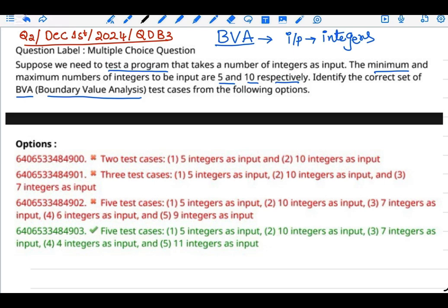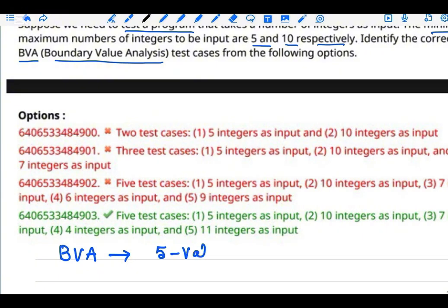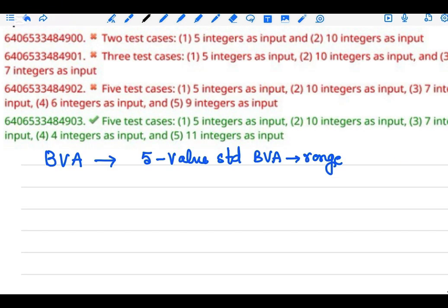So in BVA, the 5 value standard boundary value analysis is for a range. Range means we consider the minimum value and the maximum value, right? So what are the 5 values?